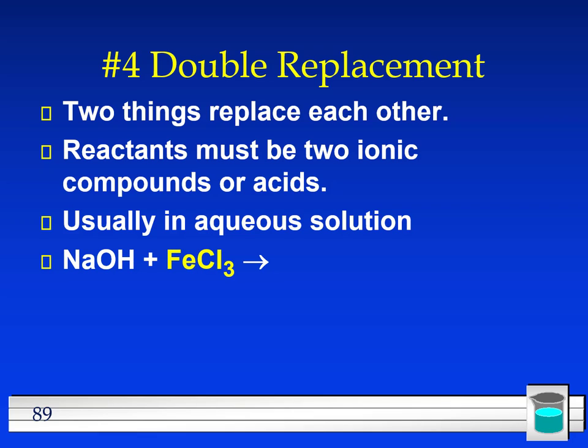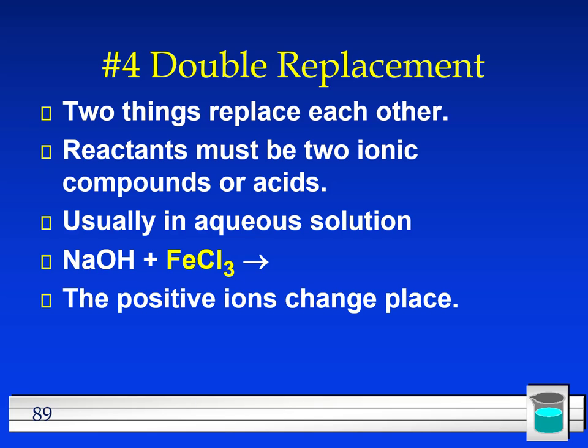So NaOH and FeCl3. I recognize it's double replacement because I got two compounds, and they didn't tell me it was combination. And the way I look at it is the positive ions change place.